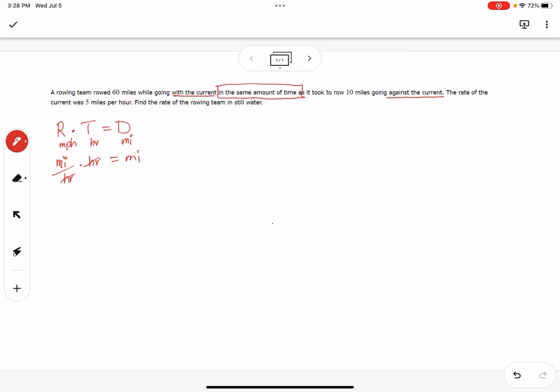Some people also write this as RTD. The only reason they do that is because rate could be distance over time, or time could be distance over rate, or rate times time is distance. Those are all equivalent forms of the same relationship.